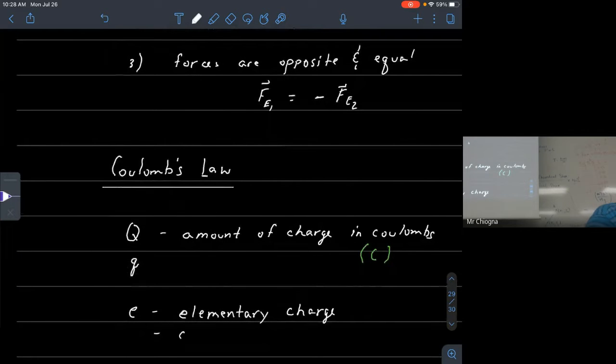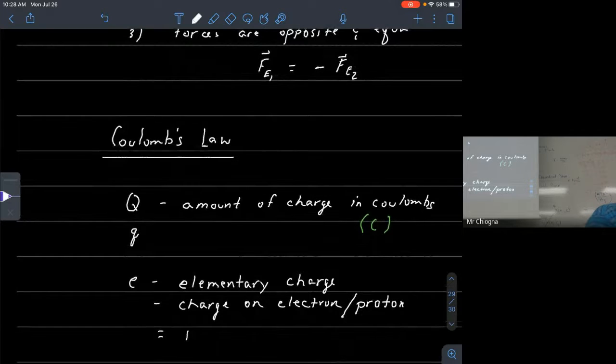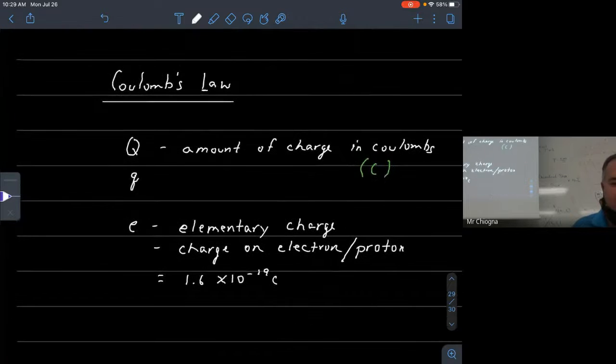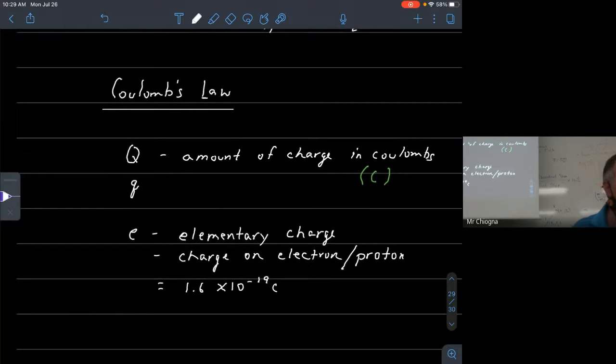It's the charge on an electron or proton, absolute value. It's equal to, I'm just giving you the absolute value, 1.6 times 10 to the negative 19 coulombs. A coulomb contains quite a few electrons. An electron has a very, very small amount of coulombs of charge.